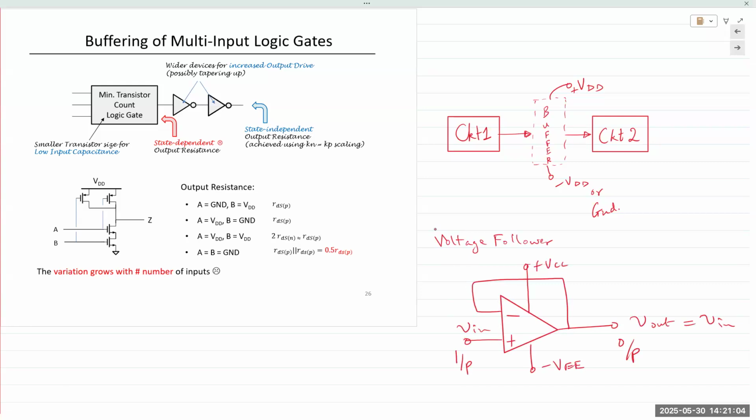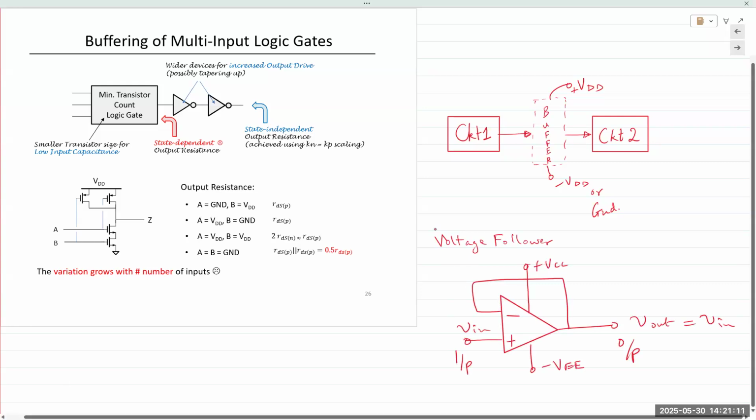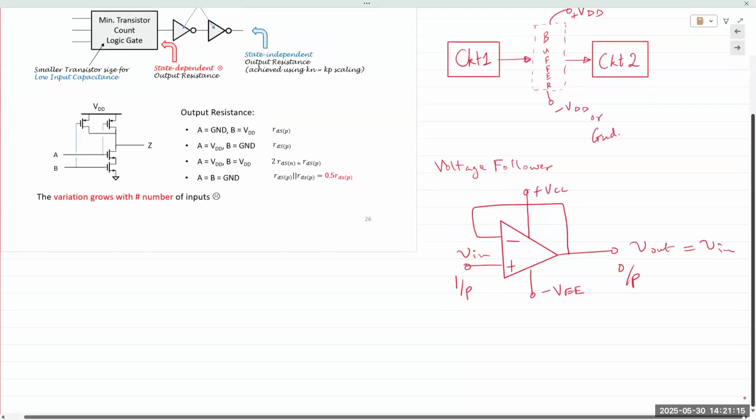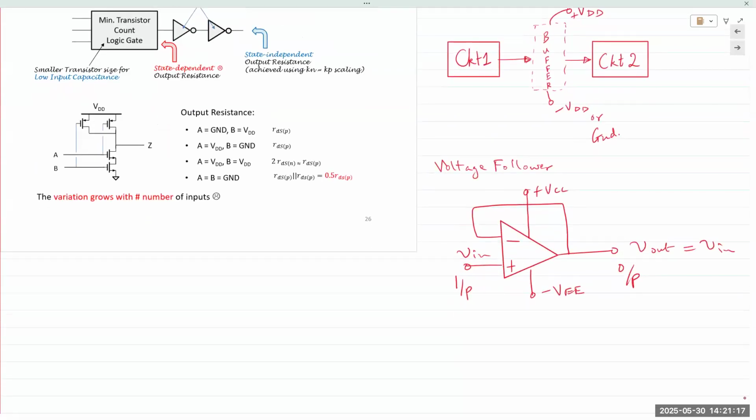The output of circuit 1, or the input, is simply given to the non-inverting terminal, and V out follows V in. And so V out is equal to V in, hence known as a voltage follower. This is also known as an isolation buffer. Any kind of input can be given to the circuit, but the power that is supplied at the output comes from the power rails. Okay, it comes from the power rails.